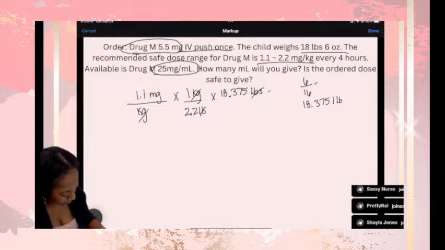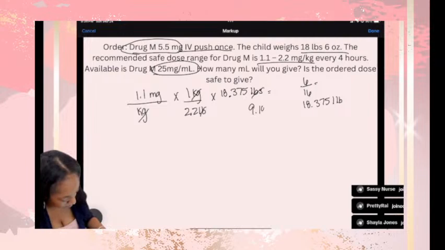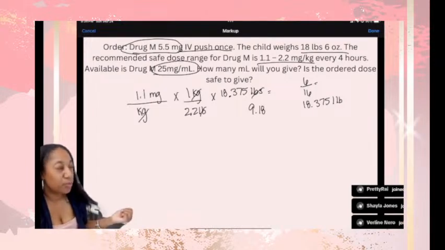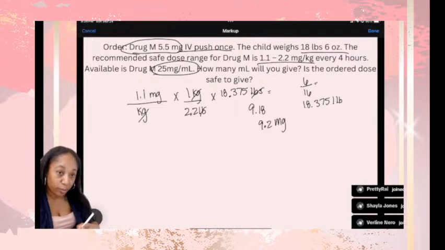That's going to be how many milligrams you can give, okay? 1.1 times 18.375 is 20.21, divided by 2.2. It's going to be 9.187. Or if they tell you how to round to like the 1 decimal place, it'll be 9.2 milligrams, okay? So that's your bottom range.